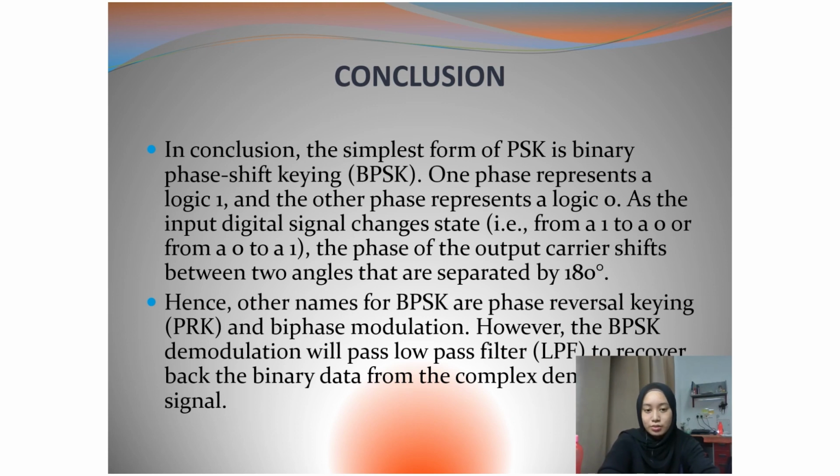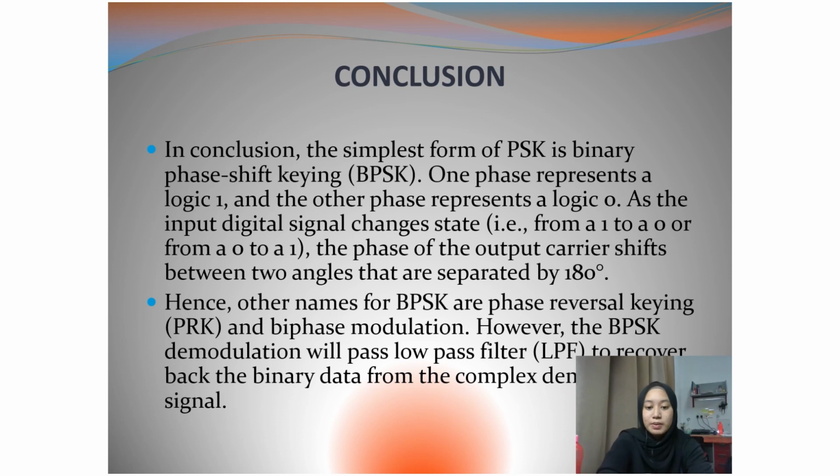In conclusion, the simplest form of BPSK is binary phase shift keying. One phase represents logic 1 and the other phase represents logic 0. As the input digital signal changes state from 1 to 0 or from 0 to 1, the phase of the output carrier shifts between two angles that are separated by 180 degrees.